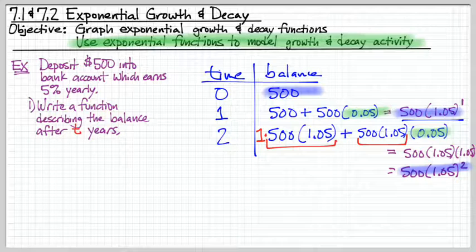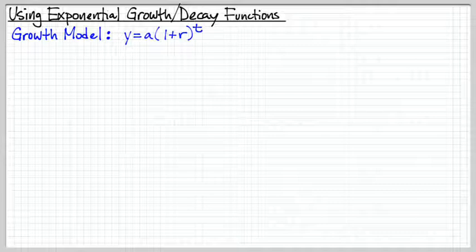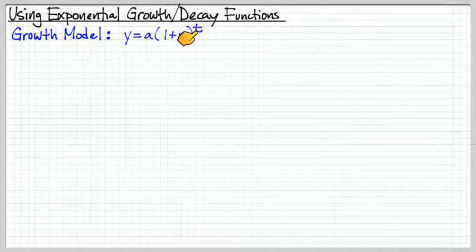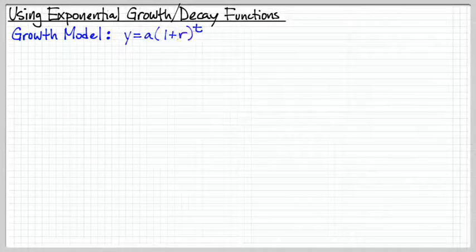So let's go to the next page. It's farther in your notes. We actually have what we call a growth model. This is an exponential function, and in this case the variable is t. We have the function y as t varies.